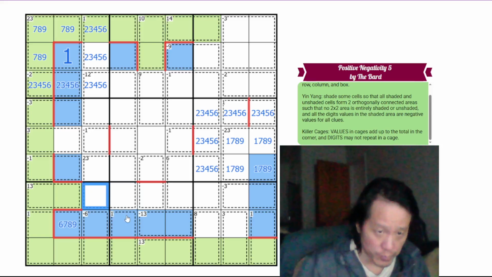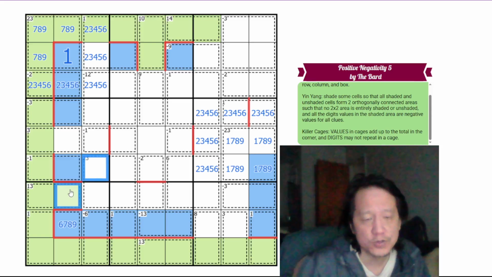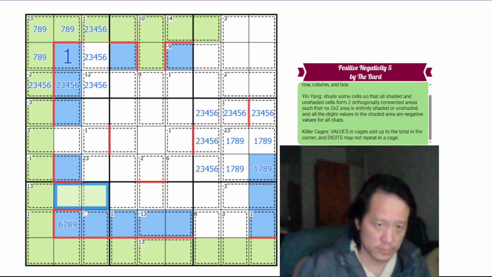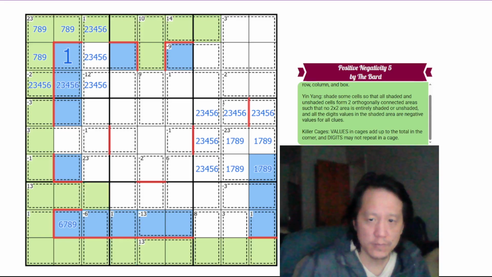If this were a blue, you would have a cross blue here, and you'd have a cross green here. And that pattern is not allowed in yin-yang shading, because try to connect the greens orthogonally. You have to block the blues into two areas then, which is not allowed. So this cannot be blue, it has to be green. So this is green. Therefore that's a boundary.